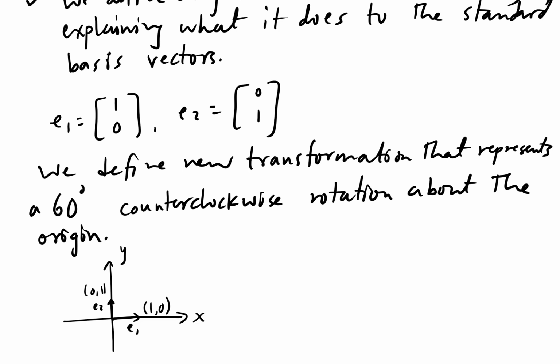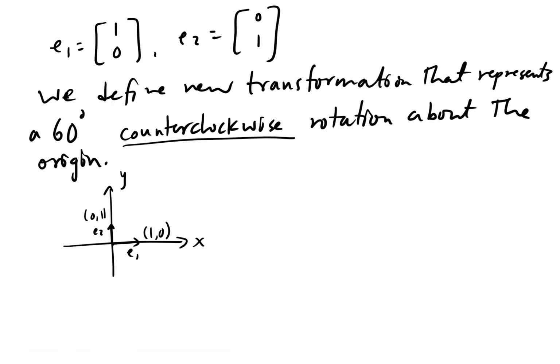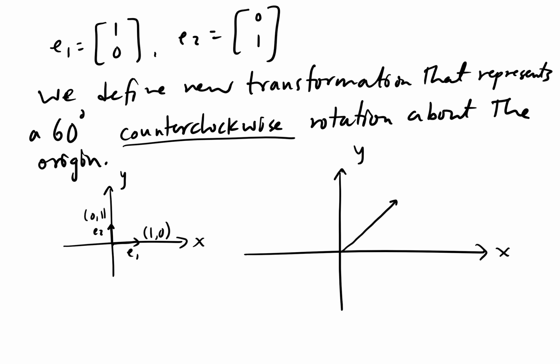So watch what happens when we do a rotation of 60 degrees counterclockwise about the origin. What happens to these small vectors E1 and E2, or the standard vectors? Let me show you. Let me redraw this. So the transformation will take a 60 degree angle here.